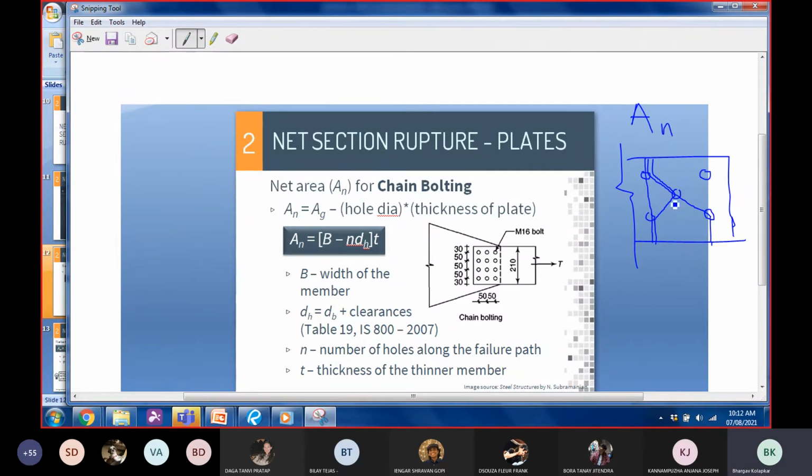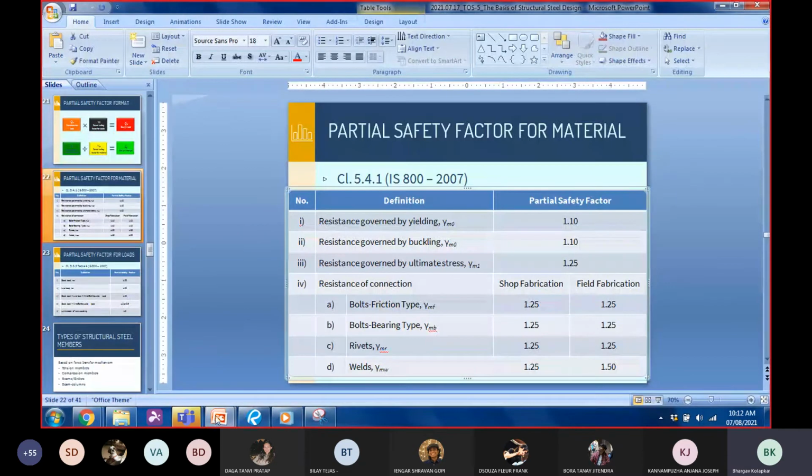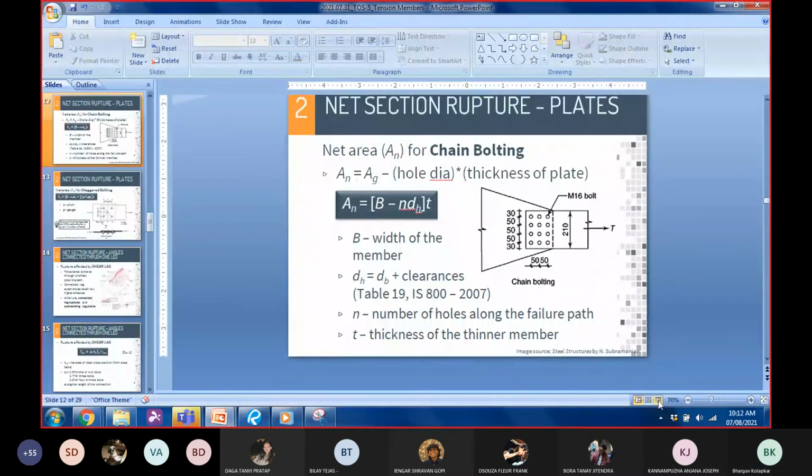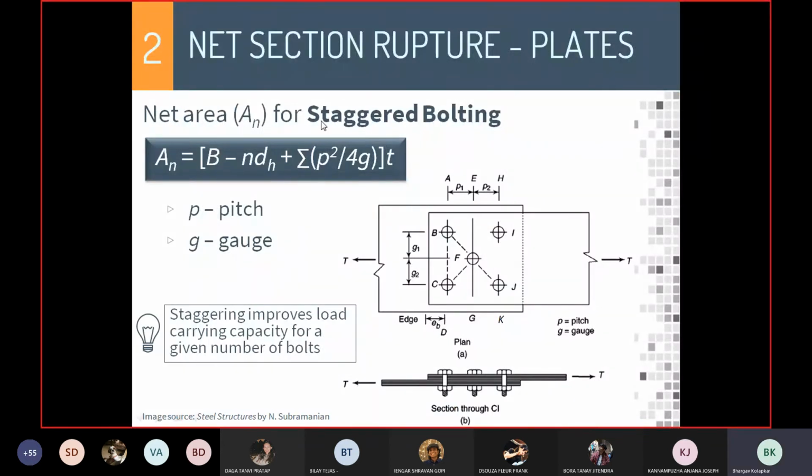Such an arrangement of bolting is called staggered bolting, where instead of providing the same number of bolts in every column, you stagger them, and doing so increases the strength of that connection, or for a lesser number of bolts you can carry the same amount of load.